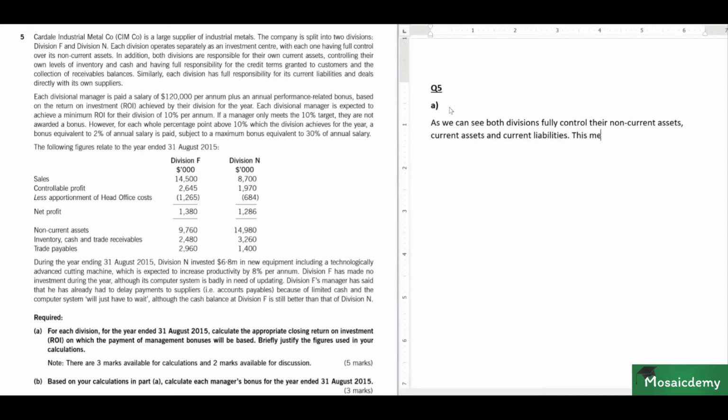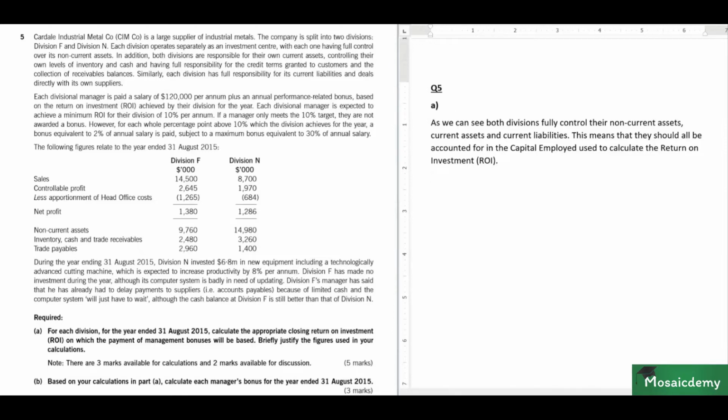This means that they should all be accounted for in the capital employed used to calculate the return on investment. ROI for short in brackets so that we can use that shorthand later on, okay? Then the second part of the ROI formula is controllable profit over controllable capital employed.